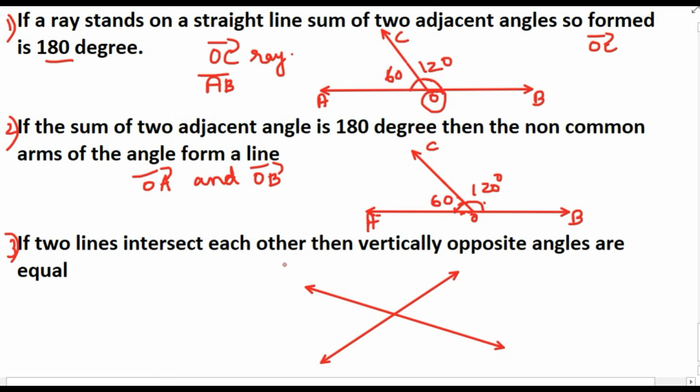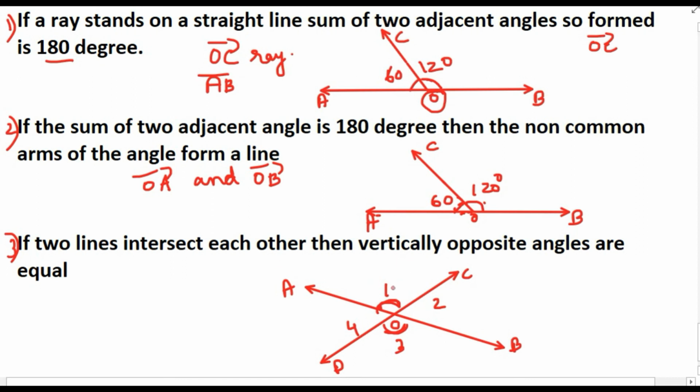And the third important result is, if two lines intersect each other, suppose AB and CD are two lines intersecting at the point O. We have already seen that four angles will be formed, and the ones which are opposite are vertically opposite angles. We can say that these vertically opposite angles are equal.